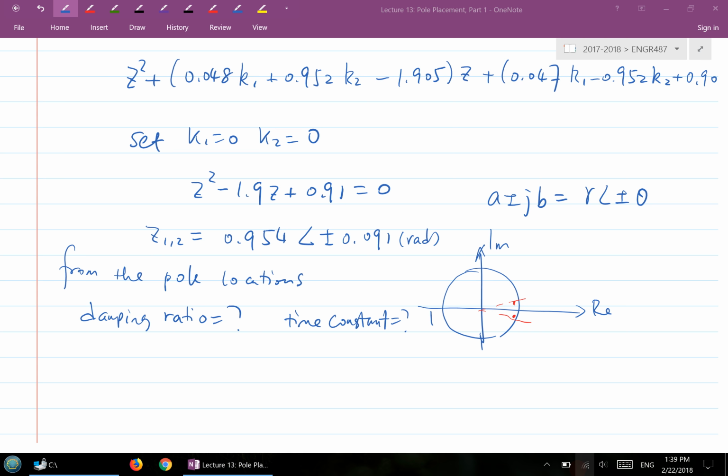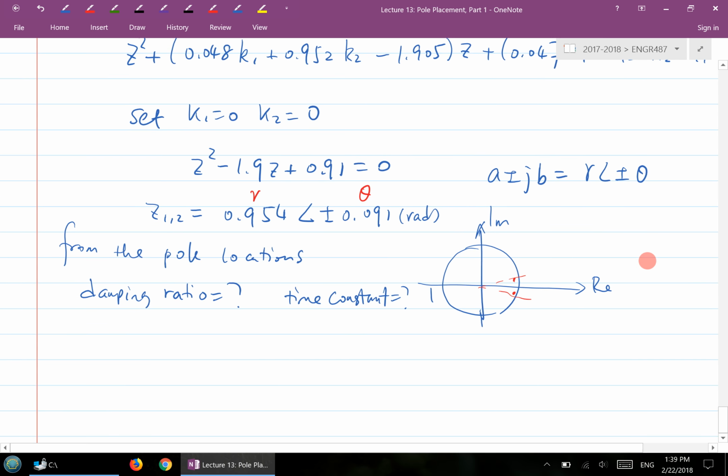So the connection here, I will write down the solution for now, but it's a very simple one. I'll show you in the next lecture how we end up with this. For damping ratio, we generally use zeta, and for time constant, we typically use tau.